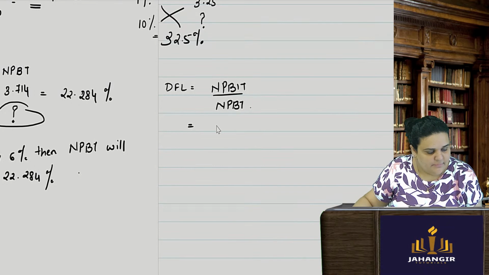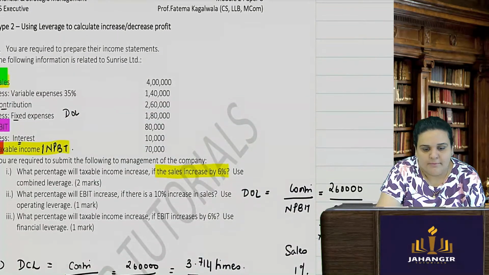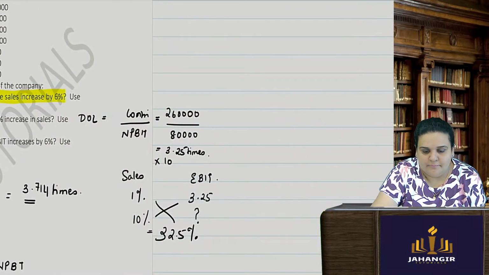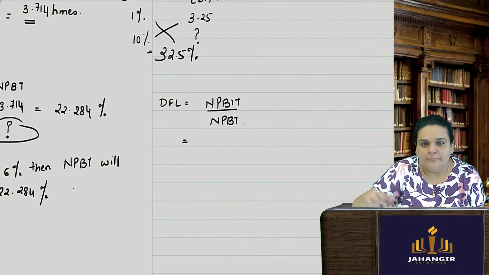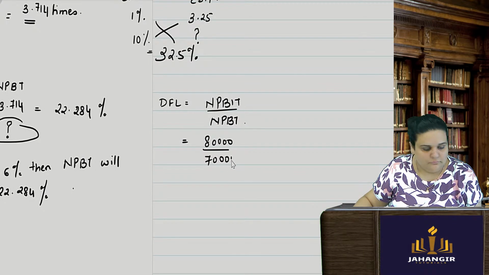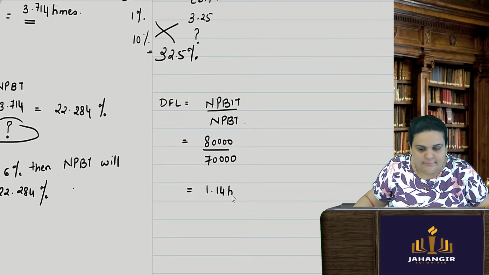How much is our NPBIT? We'll just take it from here. NPBIT is 80, NPBT is 70. So 80 divided by 70,000. It is coming as 1.14 times.